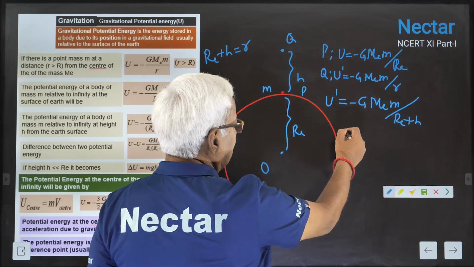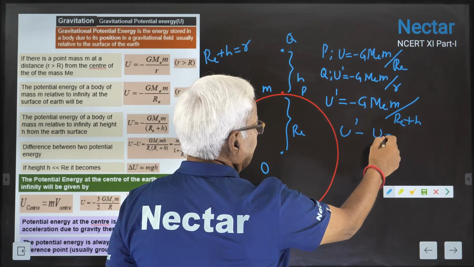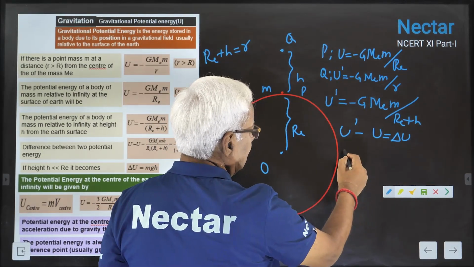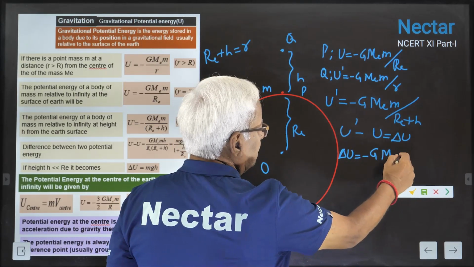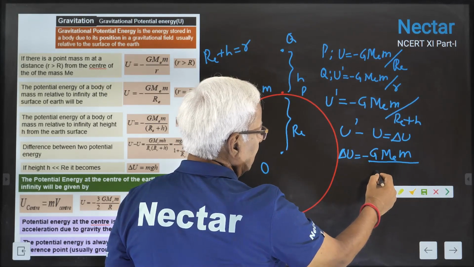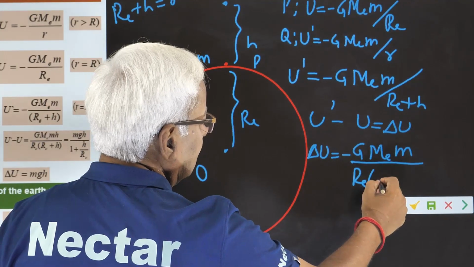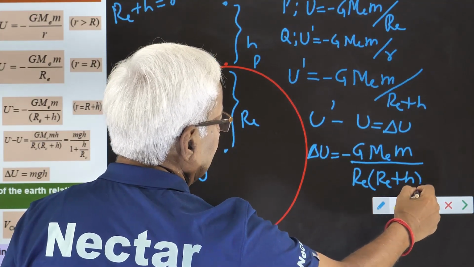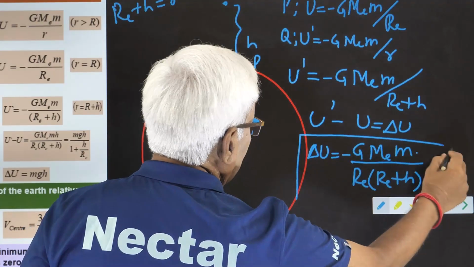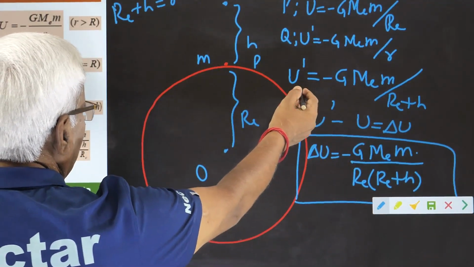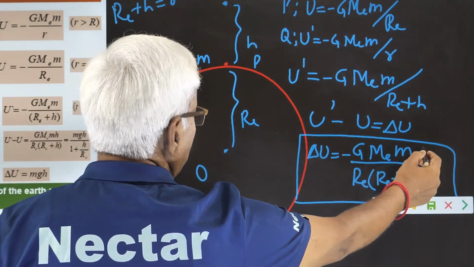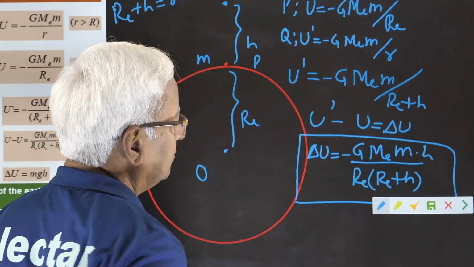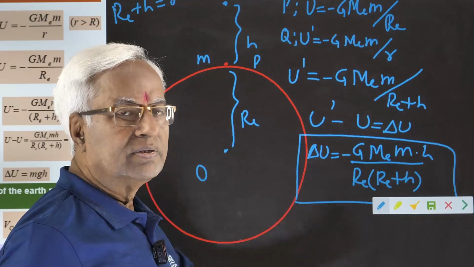If you find the difference of the two, that is the change in potential energy, you just subtract U from U dash. This would be equal to GME h upon RE into RE plus h.